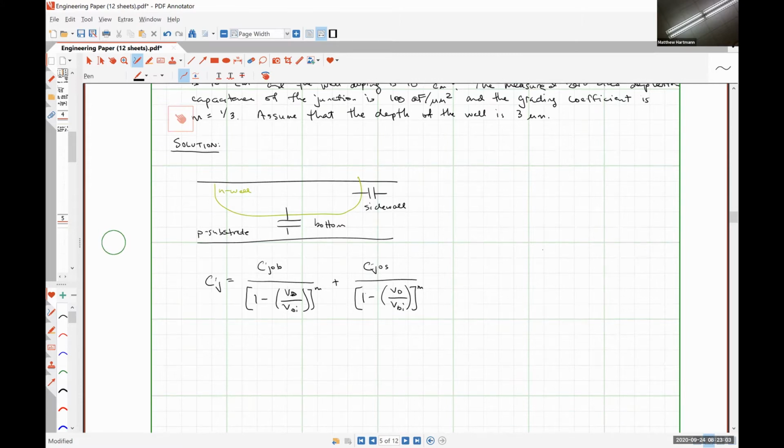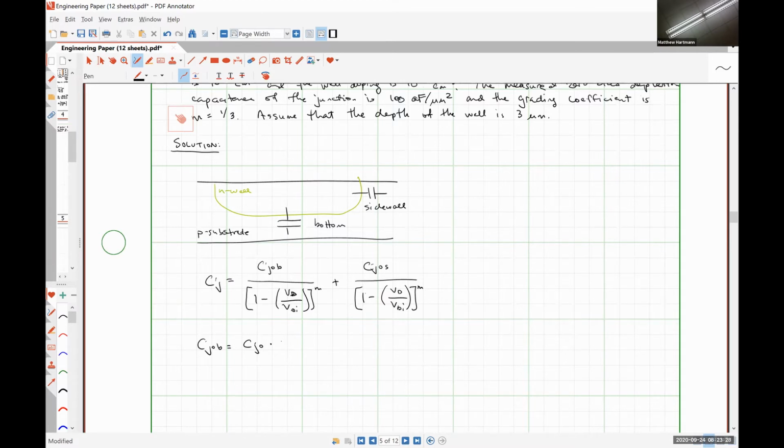So to determine the zero bias depletion capacitance for the bottom, that's going to be simply CJ0 times what? Does anybody have any ideas?